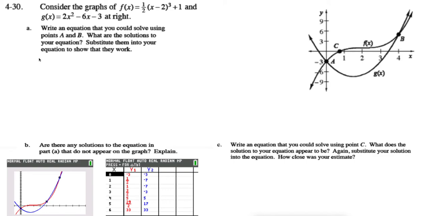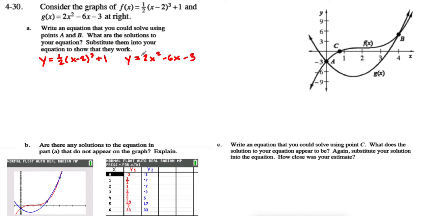If we change our f of x to a y, we just think about it as y equals 1/2 times x minus 2 to the third power plus 1, and we also have y equals 2x squared minus 6x minus 3.